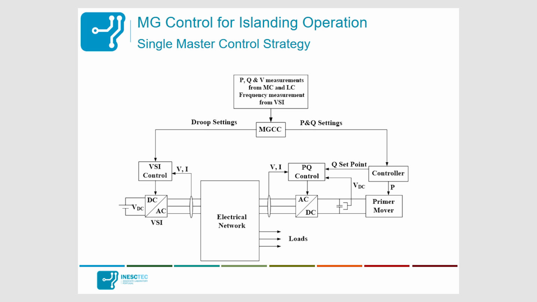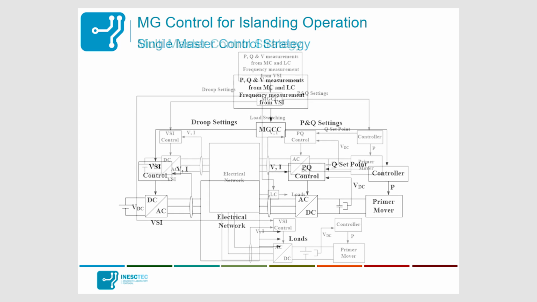In a single master control strategy, the microgrid central controller, which is in fact the brain of the microgrid, is going to send set points, PQ set points, to some of the PQ inverters, and it's also going to send droop settings to the voltage source inverters when necessary. So this is the situation where there is a kind of chief of orchestra, and the chief of orchestra is in fact the VSI, the single VSI that is keeping frequency on the grid.